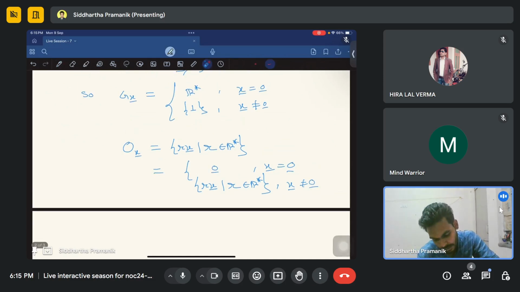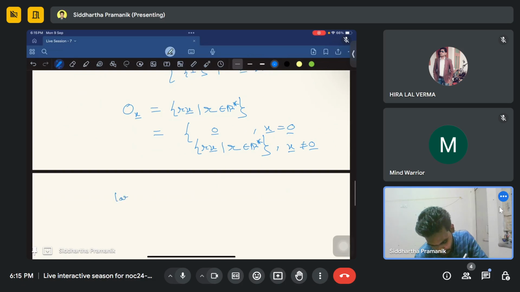So you can see if x is 0, then stabilizer is the whole group, so it is a very large set. But in case of orbit, it is only a singleton set. So that means large orbit if and only if small stabilizer.